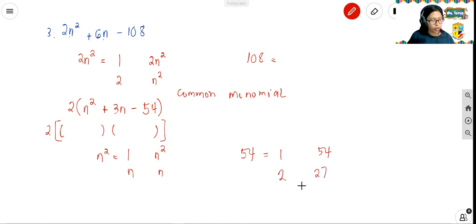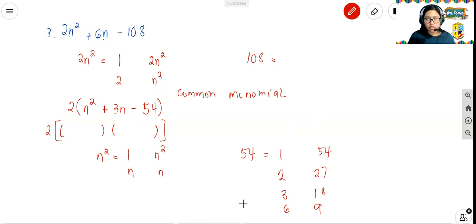We can also have 3 and 18. We can have 6 times 9. Yeah. So that's it. Those are the factors that we can use.